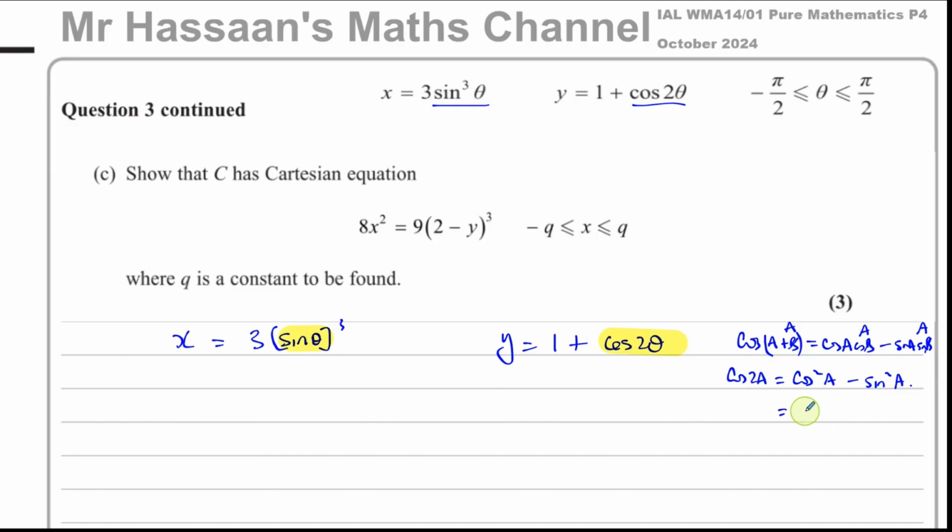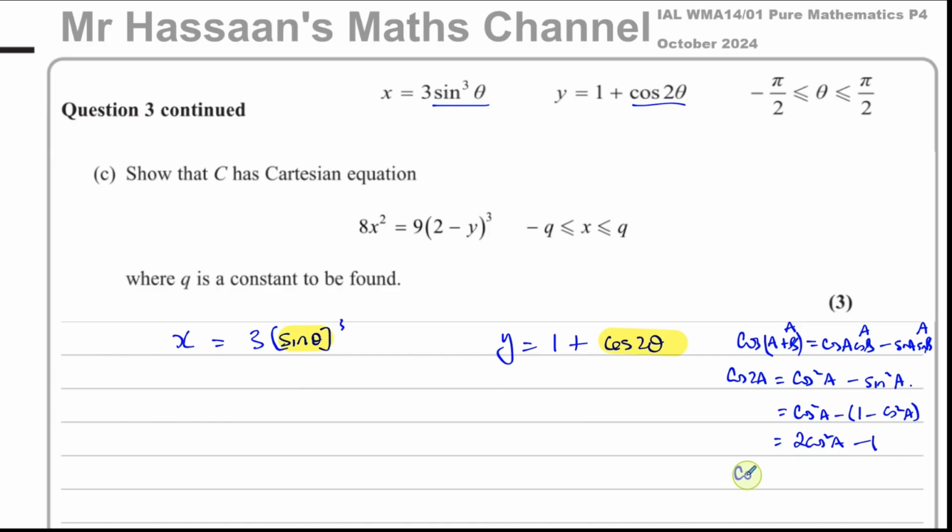And if I want to find the double angle formula in terms of just cosine squared A, then I can change the sine squared A into 1 minus cosine squared A. So I'll have cosine squared A minus 1 minus cosine squared A, which will end up giving us cosine squared A plus cosine squared A, which is 2 cosine squared A minus 1.